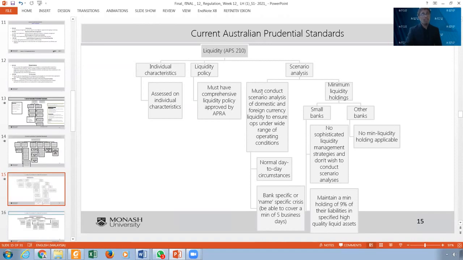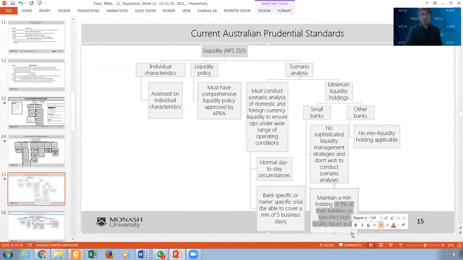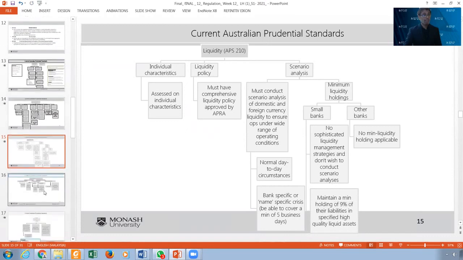But if you don't have that, you have to have 9% in Australia. If you are a small bank and you don't have the expertise to show that you are actually able to manage your purchased liquidity, your stored liquidity, and you're fully planning for liquidity, then just keep 9% as a buffer of your total assets.